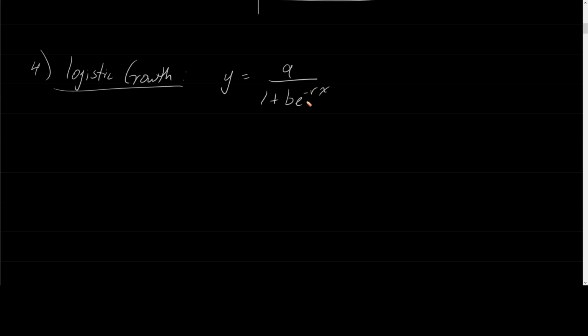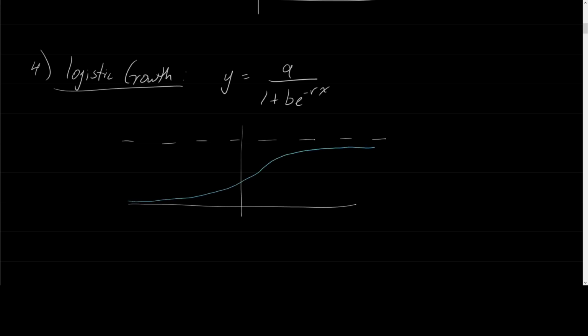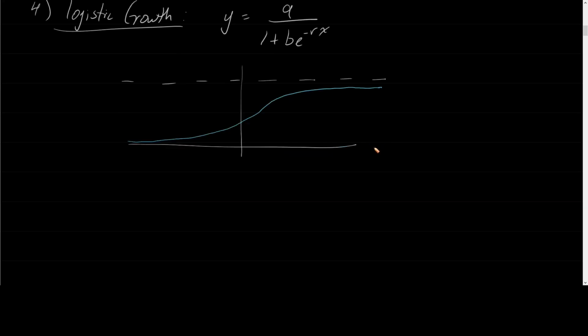Now, in here, this graph looks like this. We're gonna have two horizontal asymptotes. All right, and it looks essentially something along the lines of this. So that's logistic growth. It's somewhere between a logarithmic and an exponential as far as the growth itself.